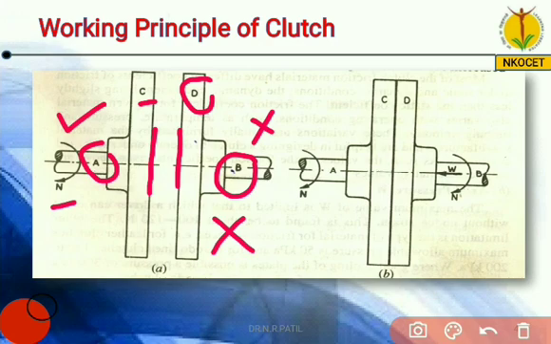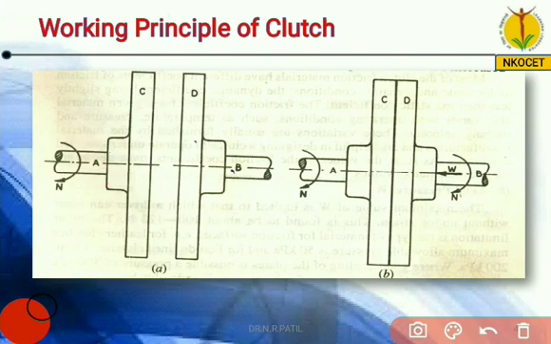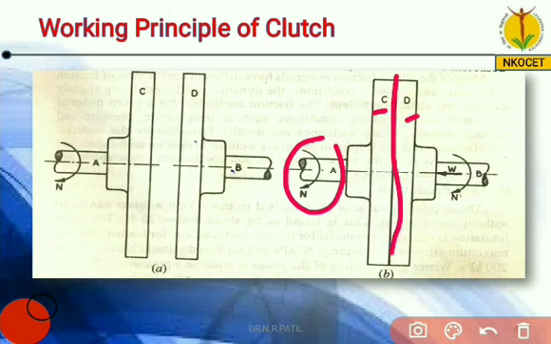Now if you see sketch number 2, or B, in sketch B you can see shaft A is rotating with speed n, and plate C is in contact with plate D. This is the contacting surface, and because of this contacting surface, shaft B also rotates. Why does this happen? It happens because of friction.